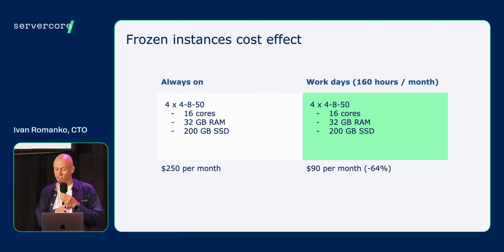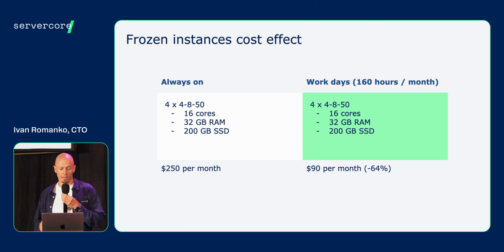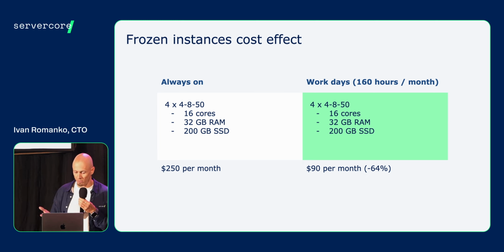At Servercore Cloud, it's just a basic calculation. You can do the same for your project or for your idea. If 4 virtual machines, like here, with 4 CPUs, 8 gigabytes of RAM, and 50 gigabytes of SSD are not frozen, so they work always on, it will cost almost $250 per month.